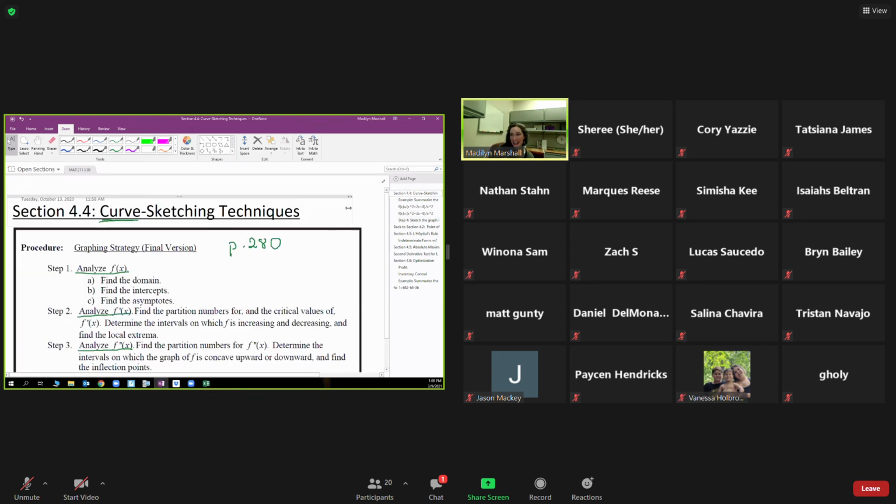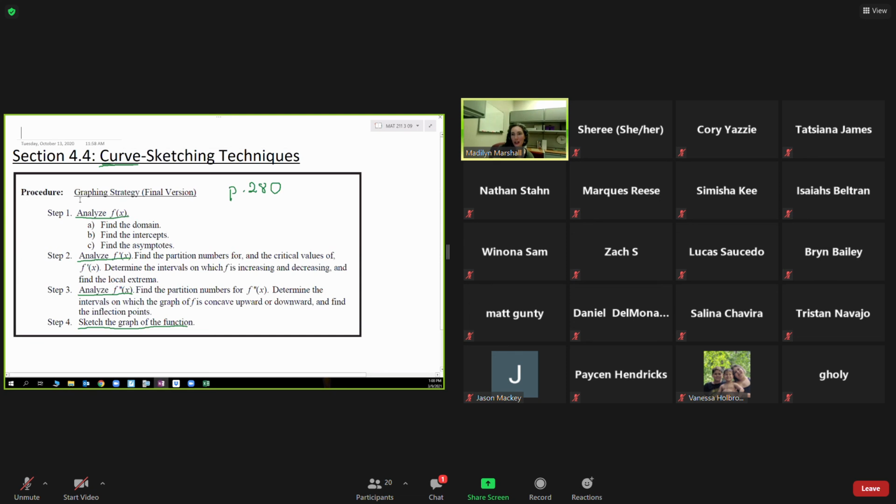So again, this is the graphing strategy. This is in the book on page 280. And I mentioned at the very beginning that I'm sort of jumping a little bit in the section. So in section 4.2, there's a more basic graphing strategy that only works for polynomials.